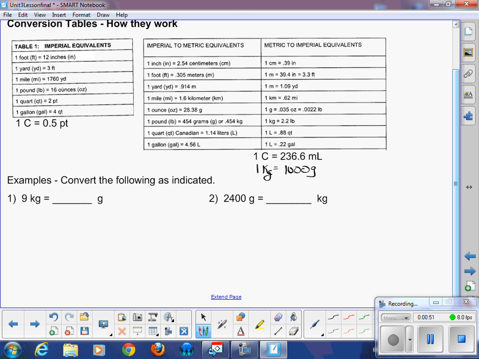Like I said yesterday, that conversion chart provides us with a ratio to start with. So 1 kilogram for every 1,000 grams, and that's equal to so many kilograms to so many grams. The question tells me I have 9 kilograms. So I take that 9 and divide it by 1.